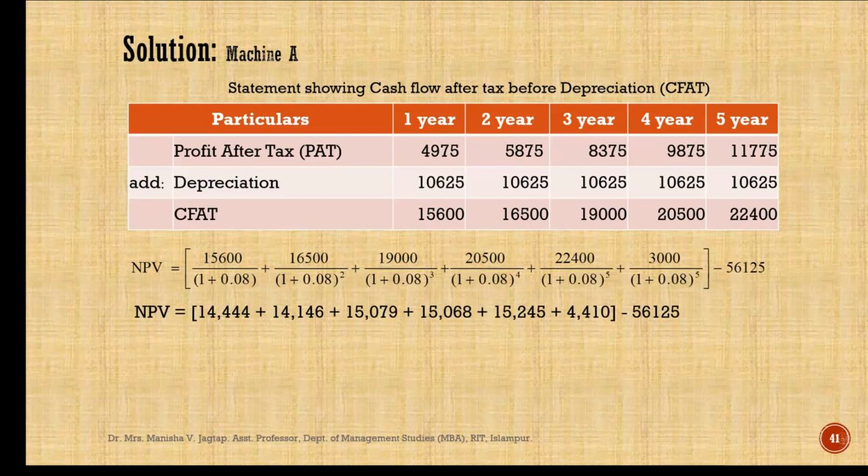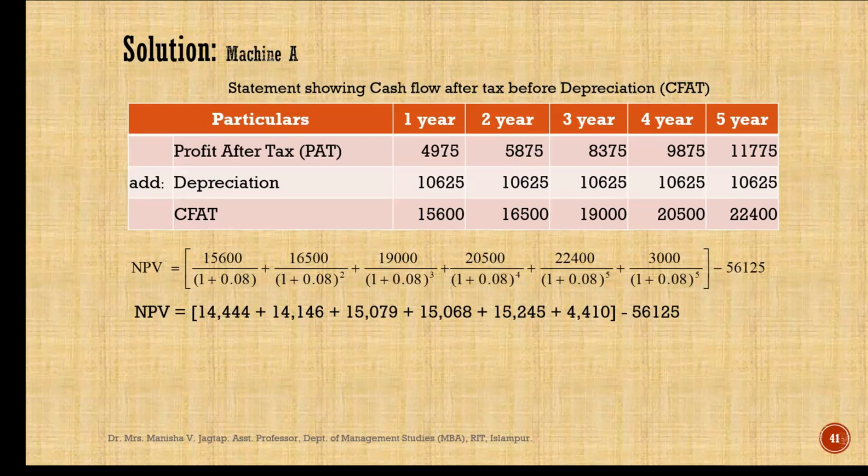The life of the asset is 5 years, so at the end of the fifth year this is the salvage value, that is 3,000. Therefore, we are considering the same year for discounting that particular amount.